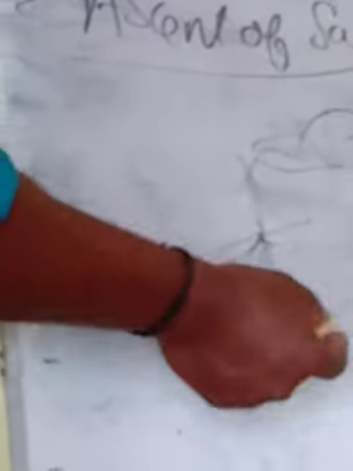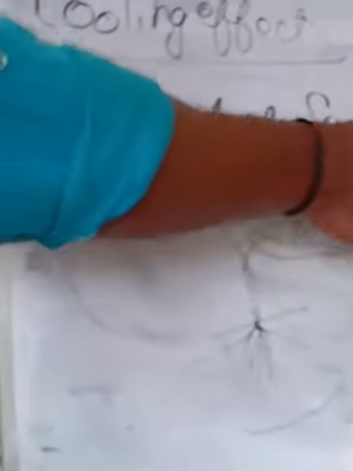So it is a process. Here the water will be taken by the root, here the water is lost. So the root will absorb water, the leaf will lose water. So it is a mechanism, and that is what is called ascent of sap. It makes the water move upward. Once again I will explain: when the water is absorbed by the root, at the same time water will be lost by the leaf.